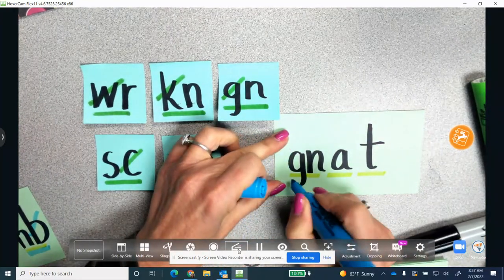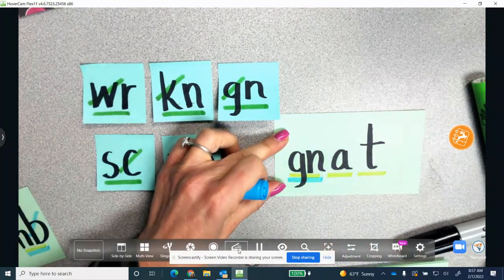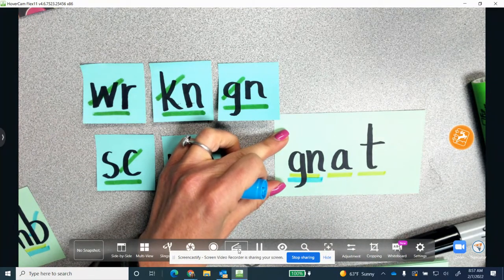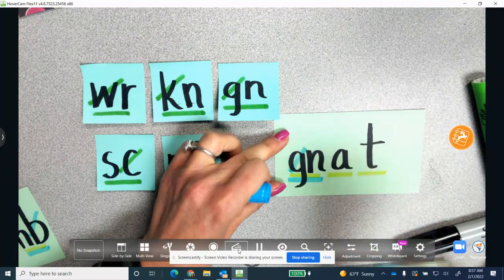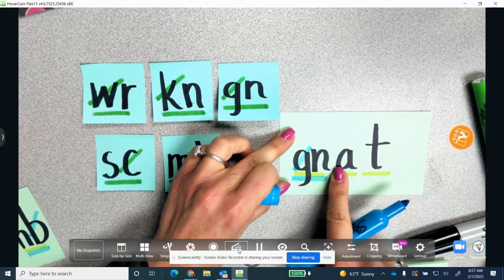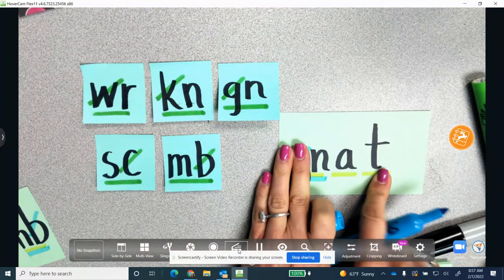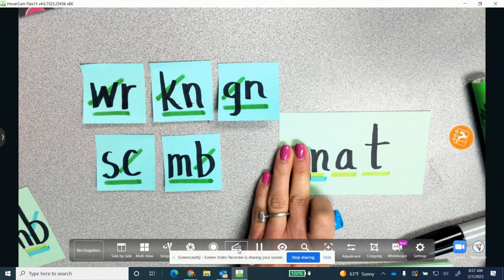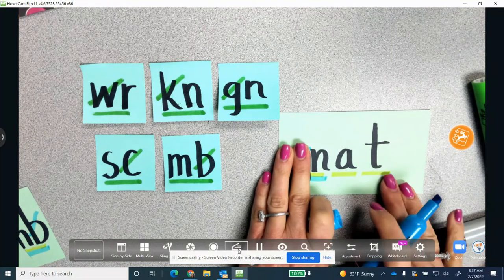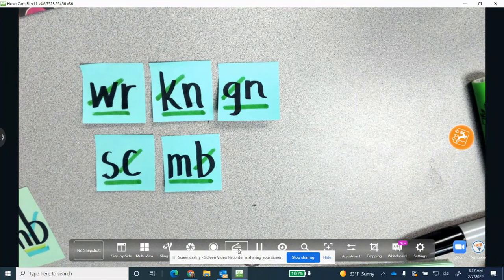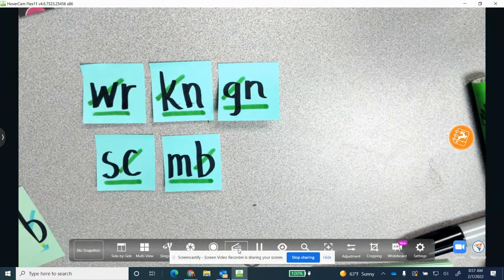Okay, I'm going to show this is a digraph, 2 letters that come together to make one sound, and I'm going to show that this G is silent. At, gnat. And why can't we just spell it like this? That would be so much easier. Perhaps I should be putting hearts on all of these.